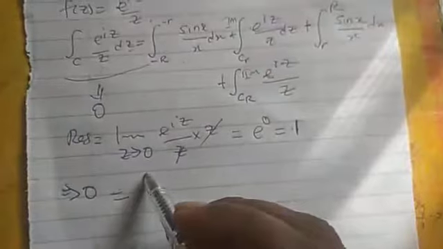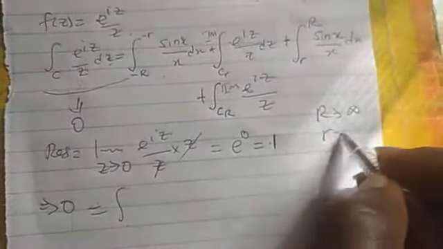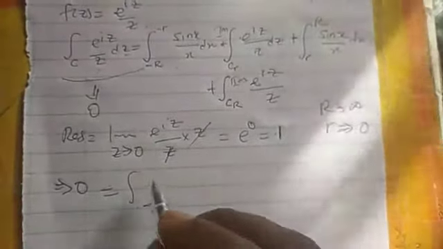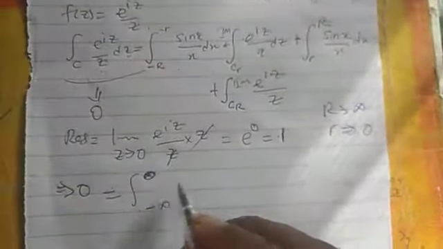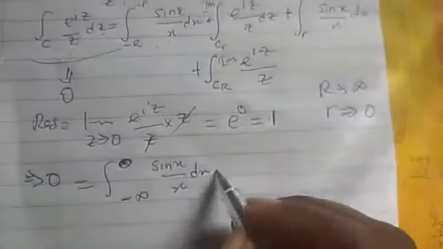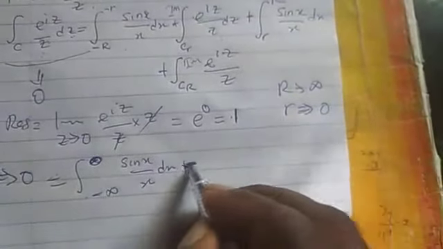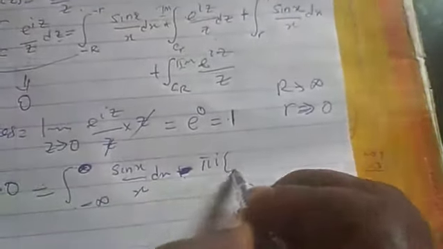I'll tend big R to infinity, and small r, I'll tend to 0. This will be minus infinity to 0 of sin x over x dx, plus, now for this big arc C, I will use the theorem that I just proved. Remember, we proved it to be plus pi i times the residue. So this one now is moving from pi to 0 instead of 0 to pi, so it will be minus pi i times the residue.